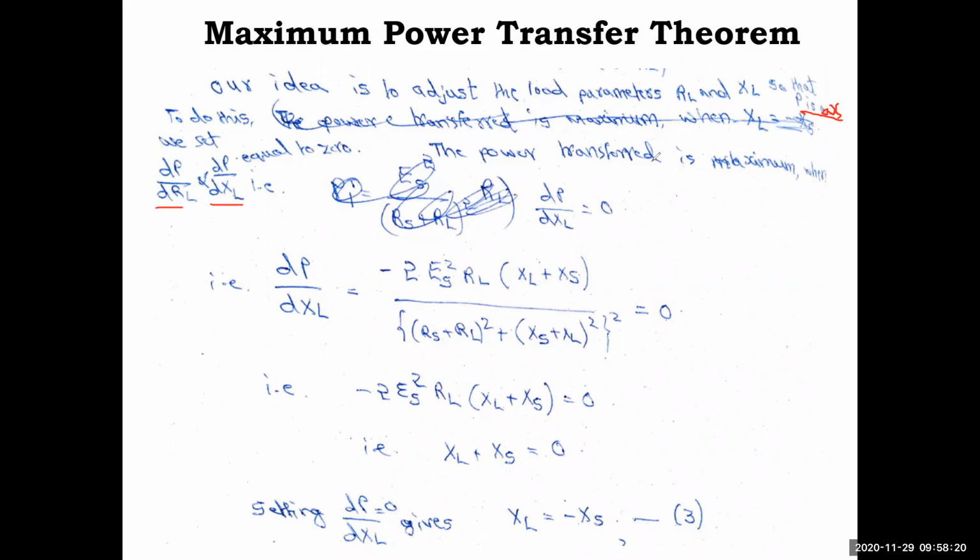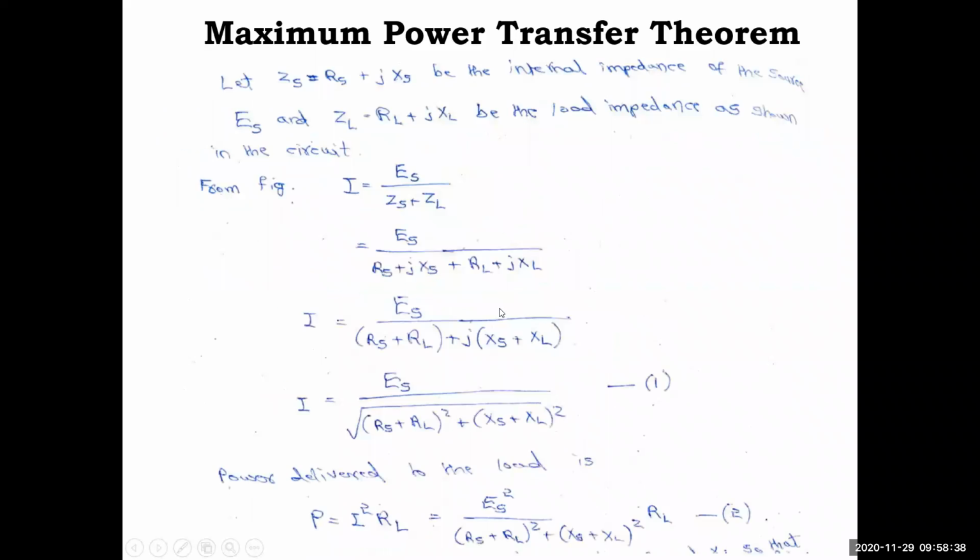So first case, we'll consider the power transferred is maximum with respect to load reactance. dP by dXL equal to 0 we will consider. So we'll take the ratio the same way, the u by v formula. What will change here is, you don't have any XL terms in the numerator, so it acts completely as a constant. So v into du by dx will give you 0.